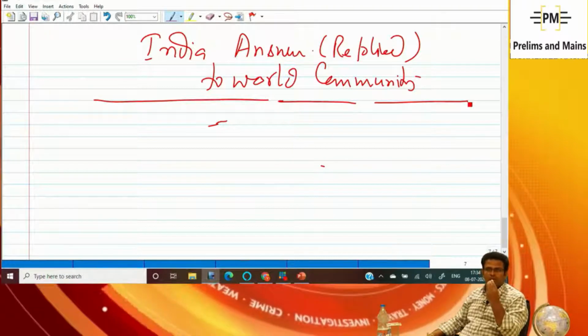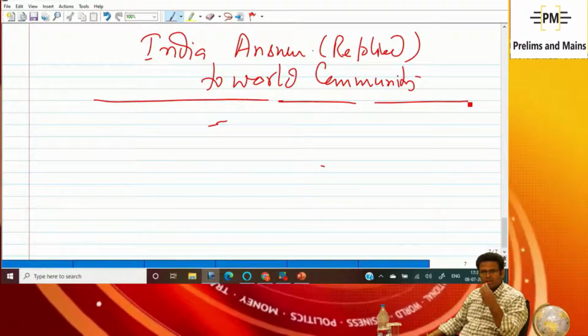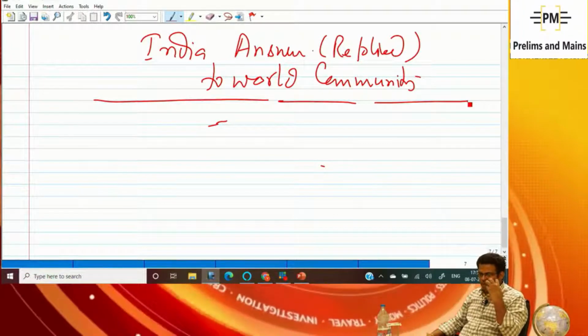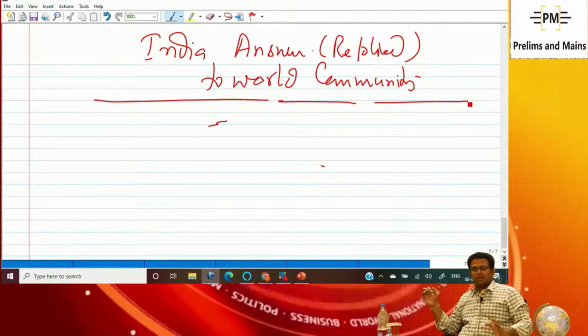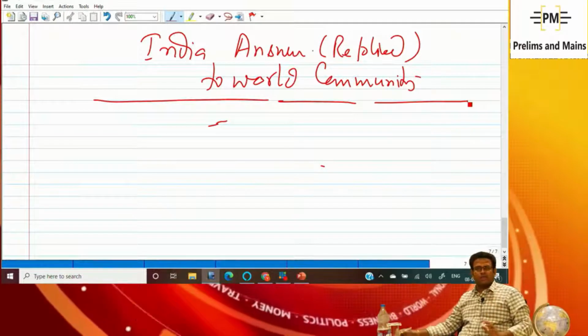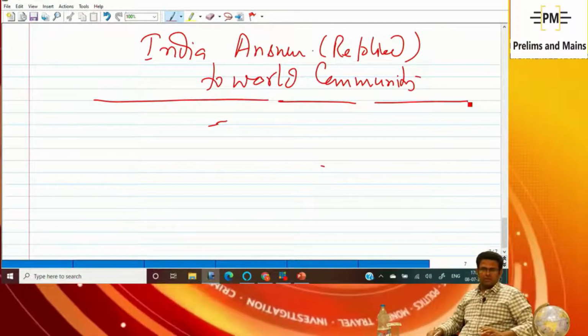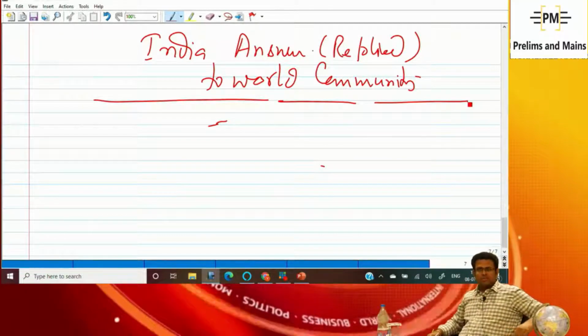This is the most important. Suppose in 2022 we are going to send the Gaganyaan, and if a man will go, a woman will go, there will be an interesting picture in the minds of the students, it can be a good career for students. So it will inspire the Indian students to come into the space program.